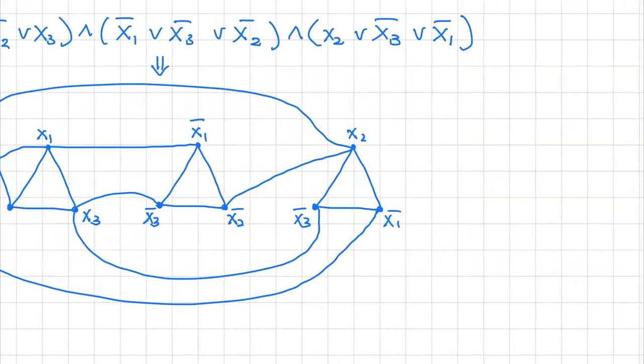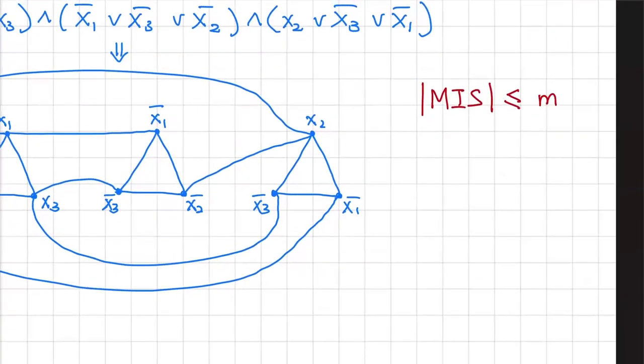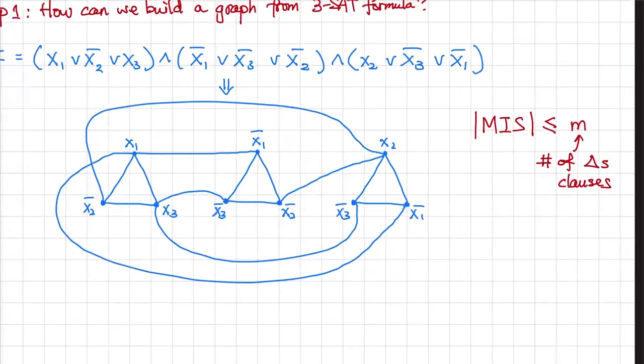So let me write it on the side. Now we see that the size of the MIS will not exceed M, where M is the number of triangles we have. The triangle here means the class, the number of classes we have.